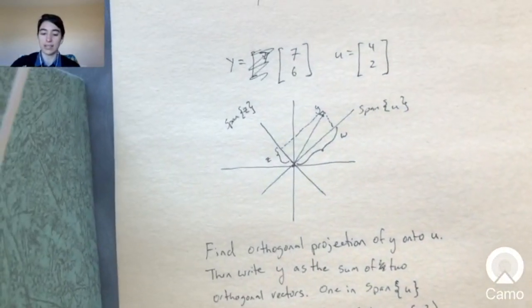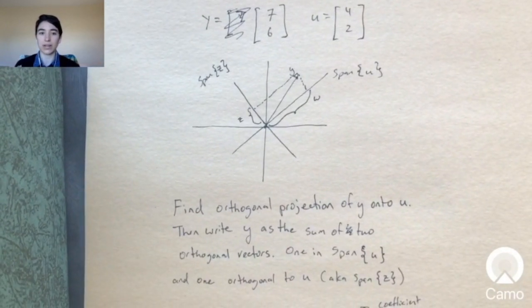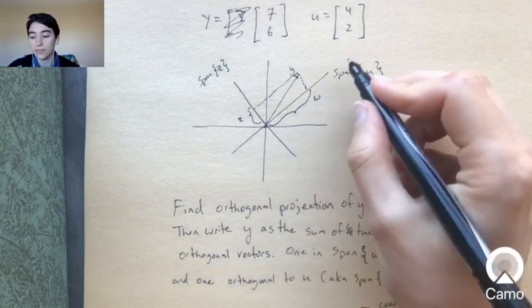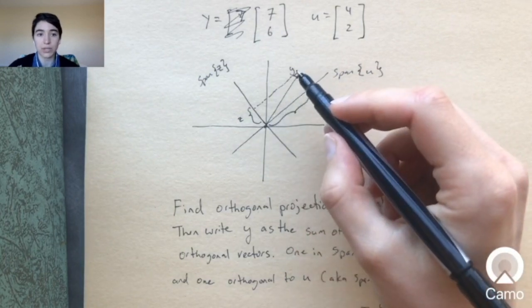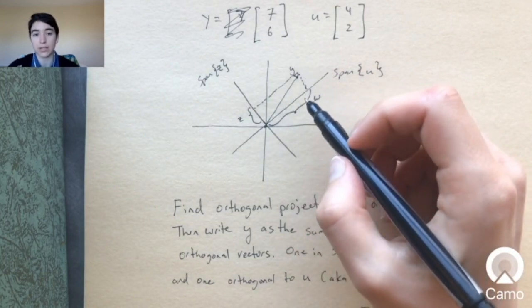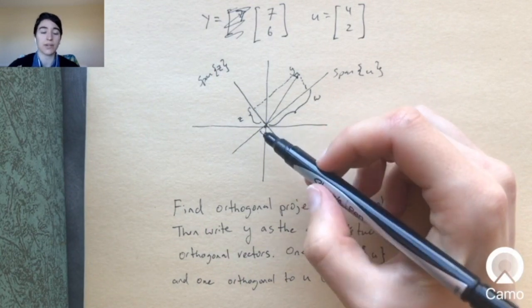And there we are. Given one vector that we wanted to be a basis vector, and given another vector that we wanted to describe using that basis vector, we were able to find another orthogonal basis vector for it.